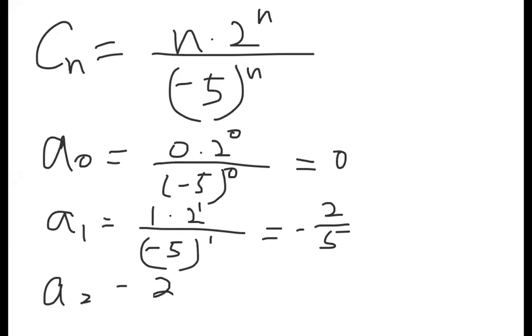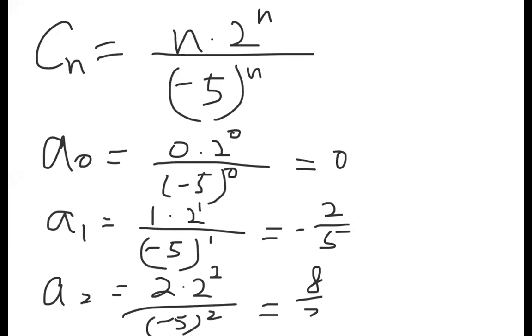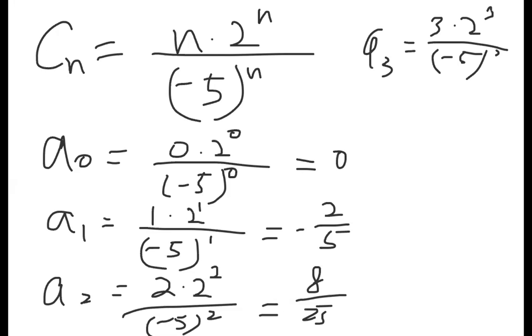A2 is 2 times 2 to the second power divided by minus 5 squared. Then you have 8 over 25. A3 is 3 times 2 to the third power divided by minus 5 to the third power.